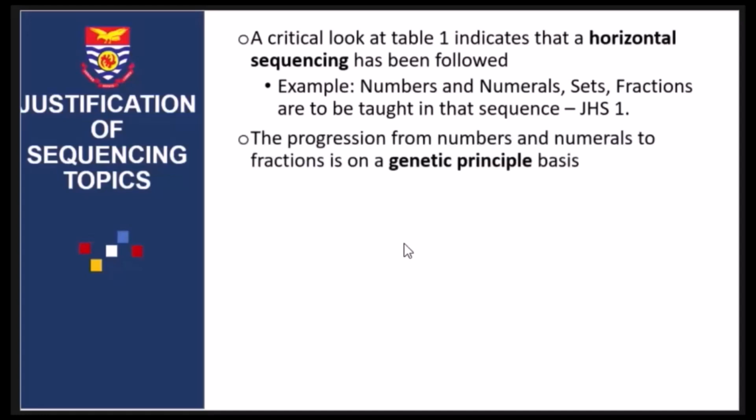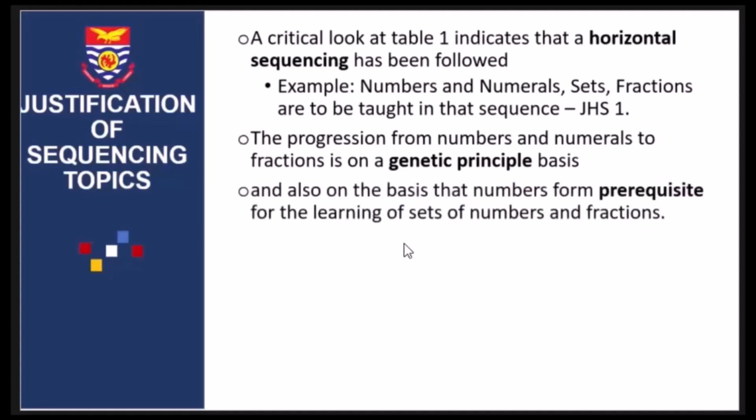The progression from numbers and numerals to fractions is on a genetic principle basis. And as we have explained what we mean by genetic principle, we look at the historical development of those topics, and then we follow in that particular order. And also on the basis that numbers form prerequisites for the learning of sets of numbers and fractions.